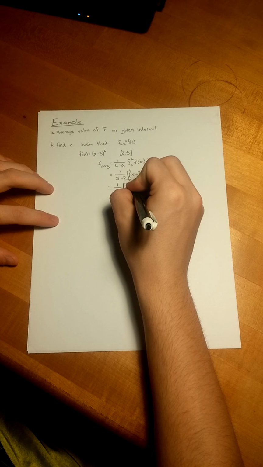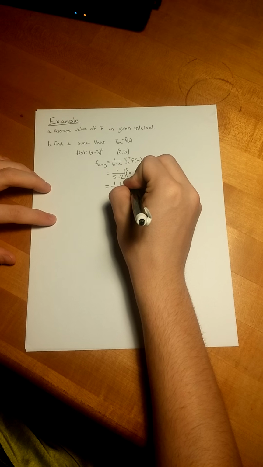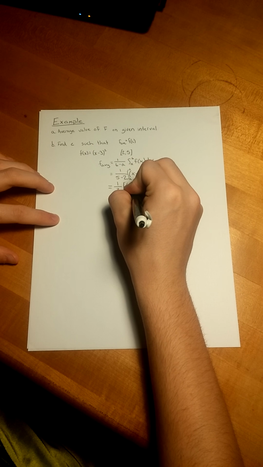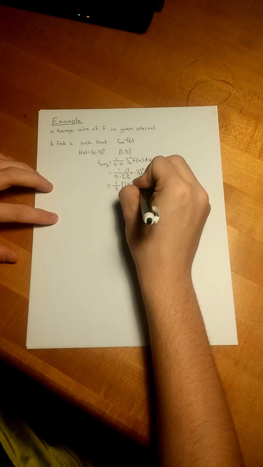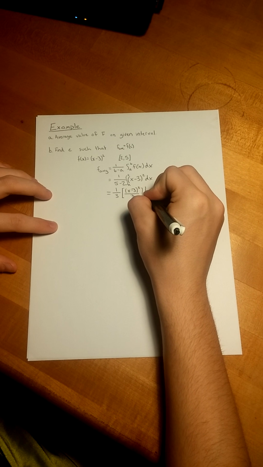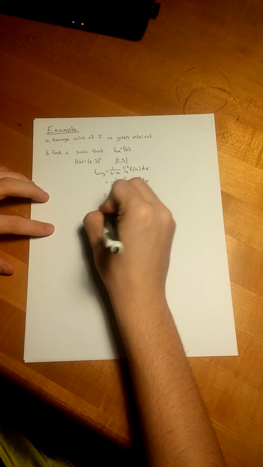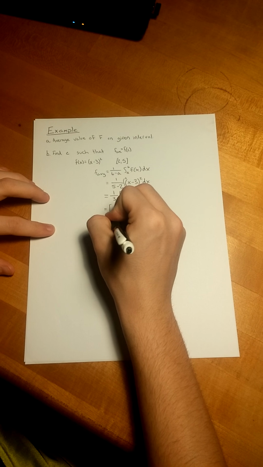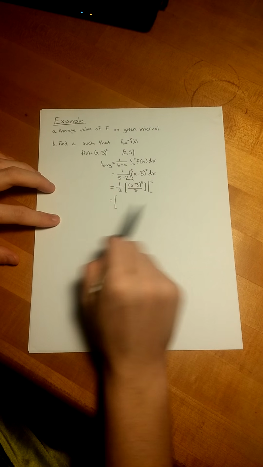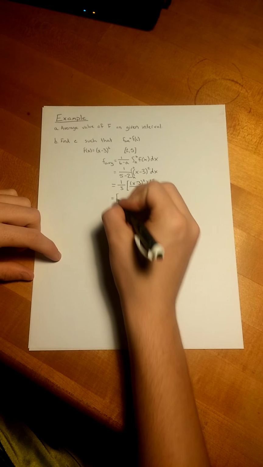The antiderivative of this would be (x minus 3) cubed all over 3 on the interval of 2 to 5. Now we want to plug in 5 and 2 into our equation and solve for that.